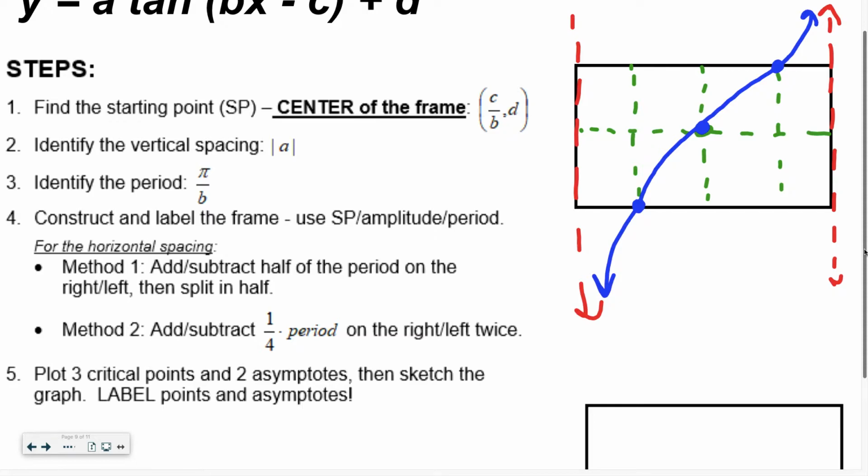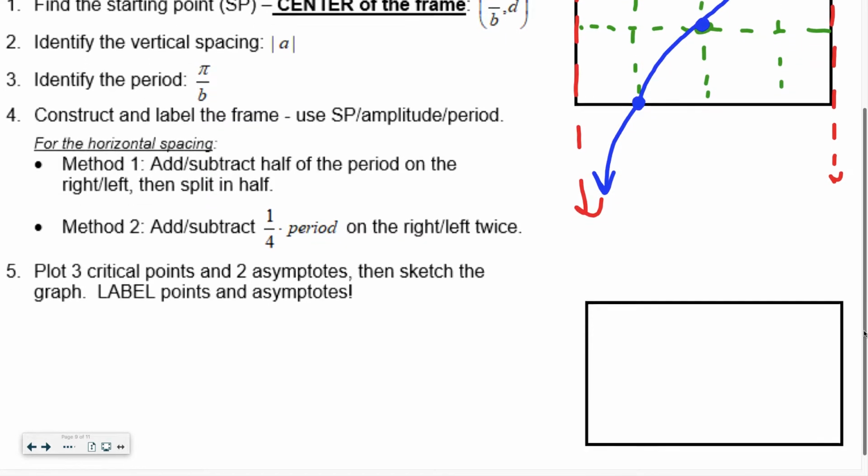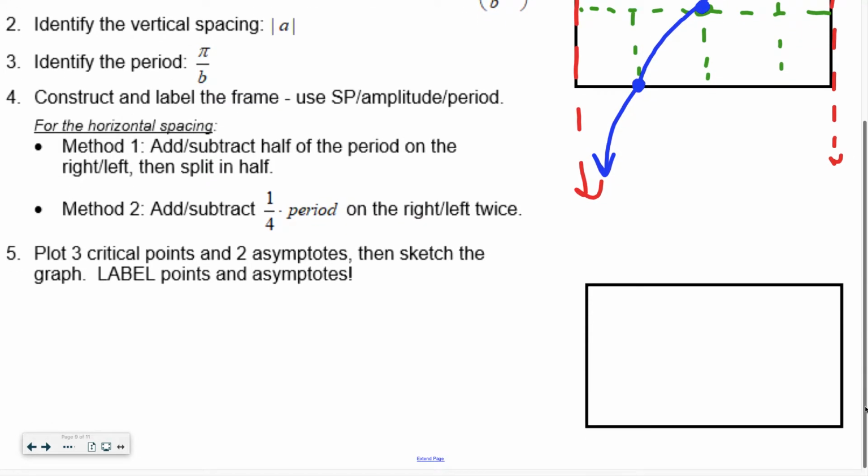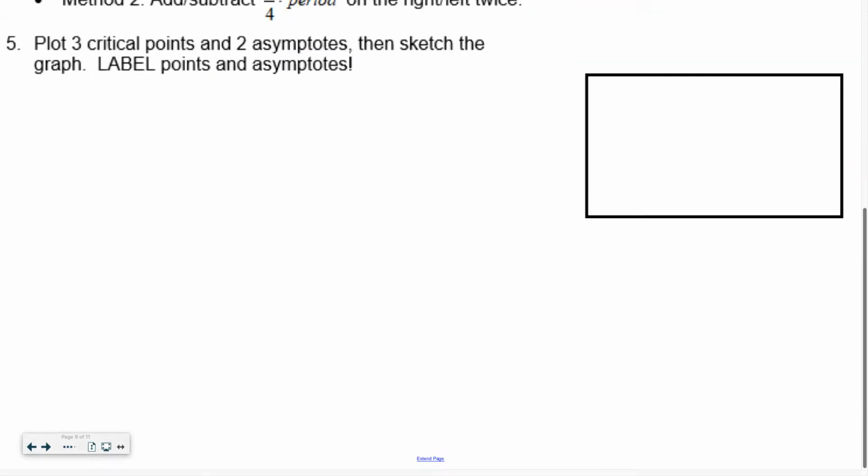Now, if we have a graph with a negative A, okay, your starting point's still in the middle. The first thing I'll have you do is graph the asymptotes on the edge.